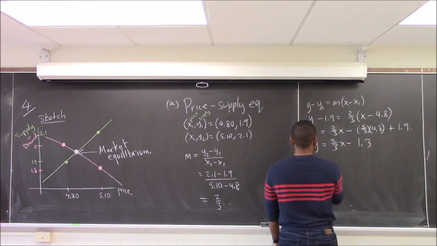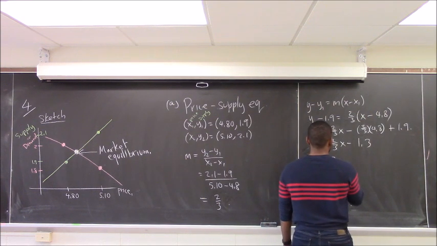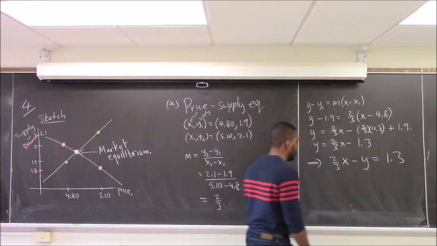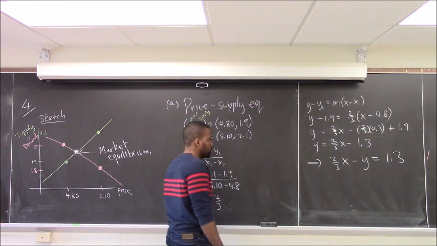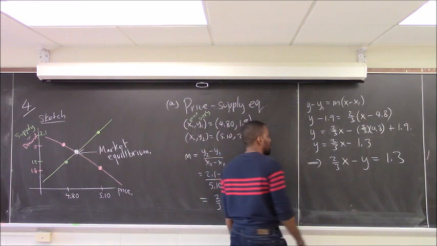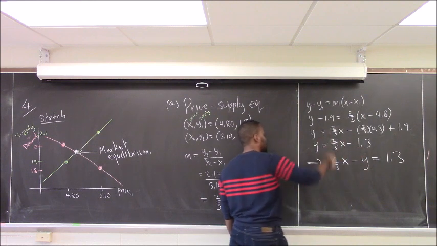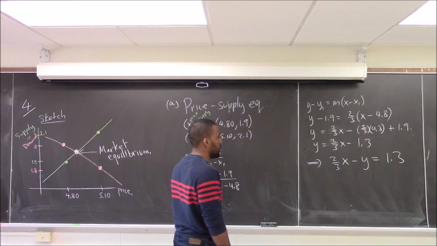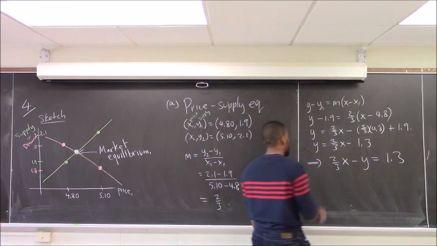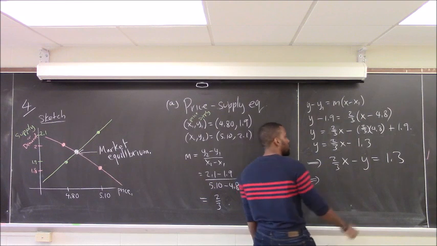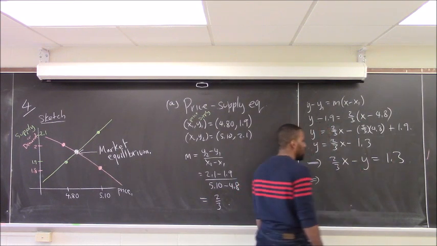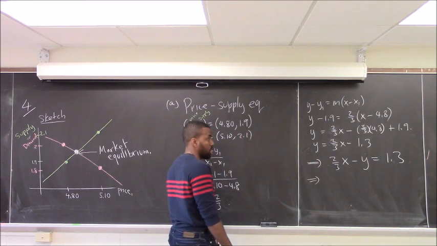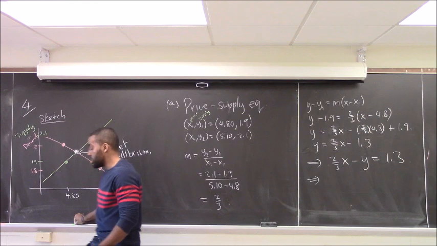So what I can do then is I can write this as 2/3 x minus y equals 1.3. So I move the y on this side, the 1.3 on that side, and I don't really like the fractions. So what I could do, I know multiplying this by 10 will move the decimal point over, and I know multiplying this by 3 is going to get rid of the 3 in the bottom. So what I'll do is I'll multiply everything by 30, right?